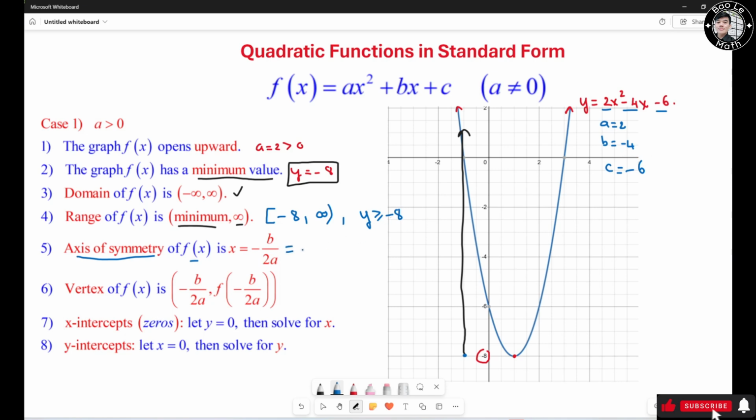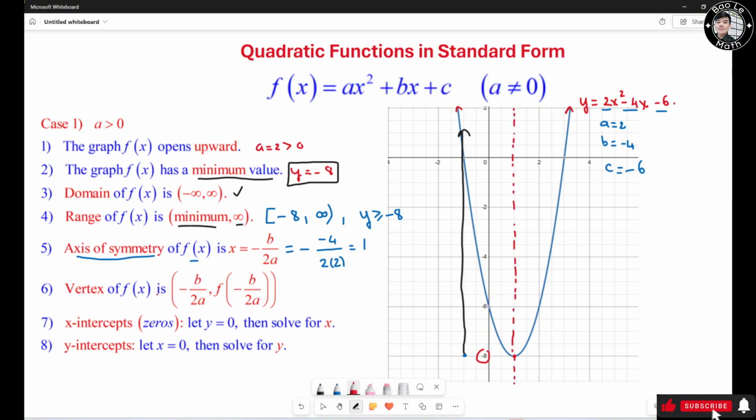Negative b, with b equal to negative 4, so I have negative 4 over 2 times a, which is 2. So I cancel out: 4 divided by 4 is going to be 1. Negative, negative is positive, so the answer is 1. Alright, so I check this one. This exactly is the axis of symmetry right here, at 1.